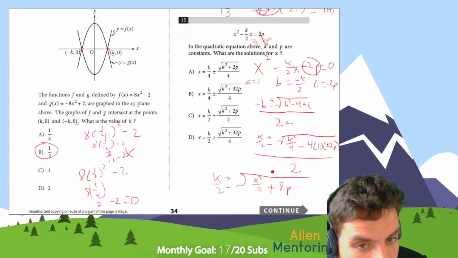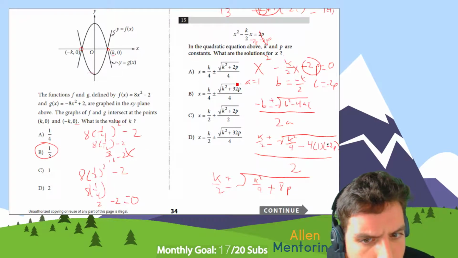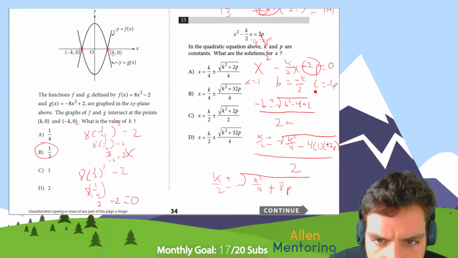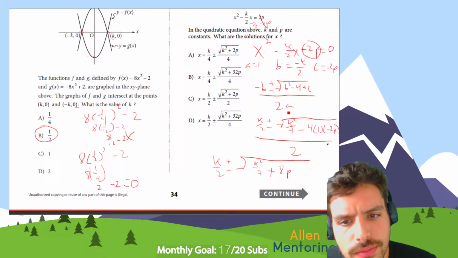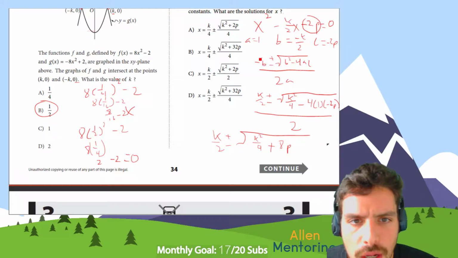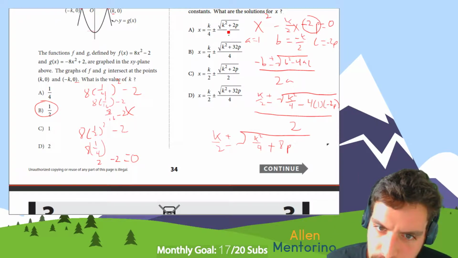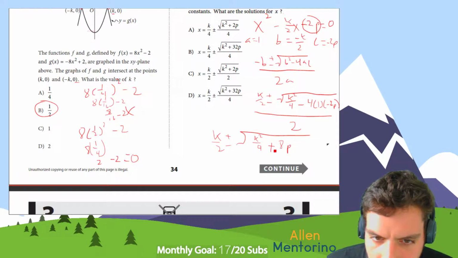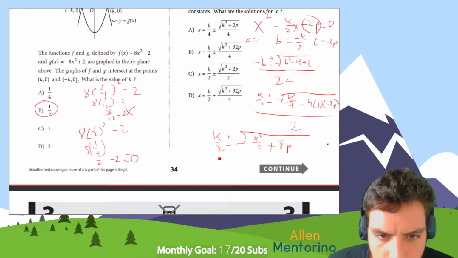Why am I freaking out here? Minus 2p. Okay. I see what's going on. Minus 8p all over 2.